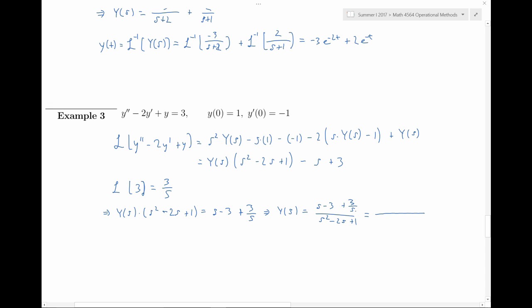We can move the s in the denominator and write s squared minus 2s plus 1 as s minus 1 squared, and the numerator becomes s squared minus 3s plus 3.